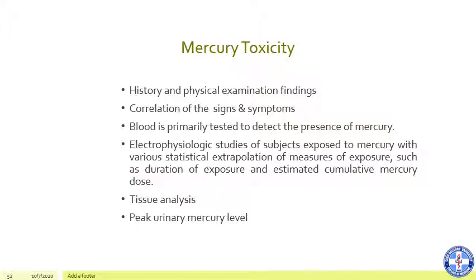We have here electrophysiologic studies of subjects exposed to mercury with various statistical extrapolation of measures of exposure, such as duration of exposure and estimated cumulative mercury dose, tissue analysis, and peak urinary mercury level.